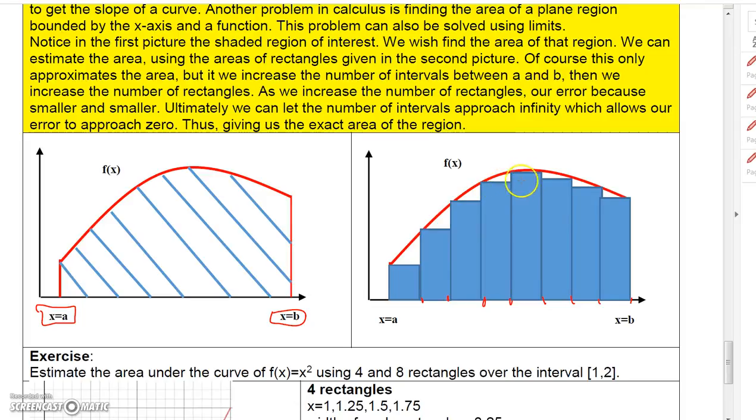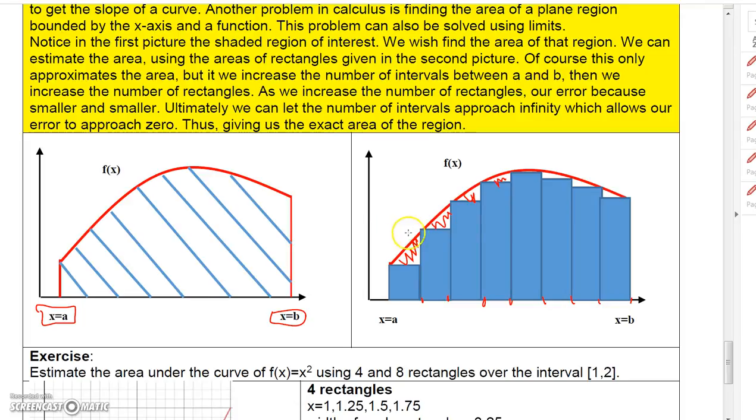If I added up the areas of all these rectangles, that would give me an approximate area of the region. But it's not going to give me an exact area, because I'm going to have an error here, and an error here, and an error here, and so forth.